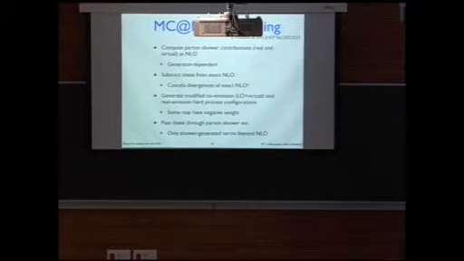So let's first talk about matching to next to leading order. This MC at NLO scheme has a very simple basis. You simply take the parton shower approximation and compute exactly at next to leading order what it contributes, and then you subtract that from your next to leading order calculation.